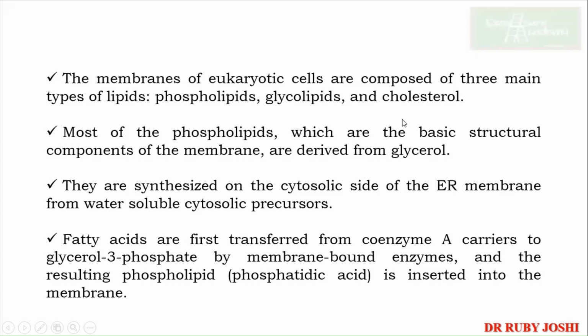So what is happening then? The cytosolic part of the ER will increase in length. And then the role of the flippase and floppase comes. We'll come to that eventually. Fatty acids are then transferred from coenzyme A carriers to glycerol 3-phosphate by membrane bound enzymes, and the resulting phospholipid is inserted into the membrane.